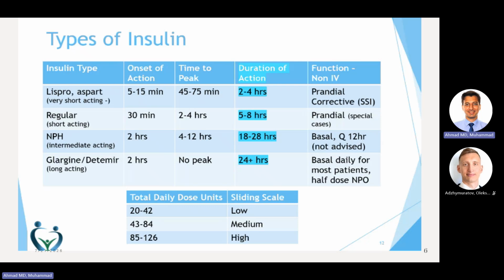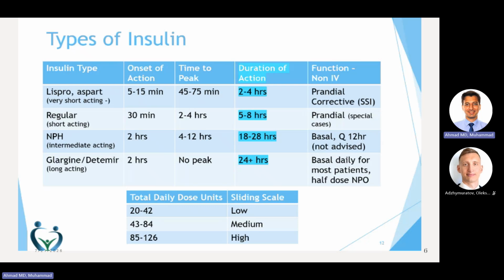And then what our sliding scale in the hospital uses is Lispro. And I mean, look how quick this acts. Within minutes, really it's starting to work. So that's what we're using for the sliding scale. We're giving it to them with food, right? And then less often we're using in the hospital here is regular insulin and NPH. They're kind of a hybrid, if you can see the onset of action, right? And the therapeutic peak.